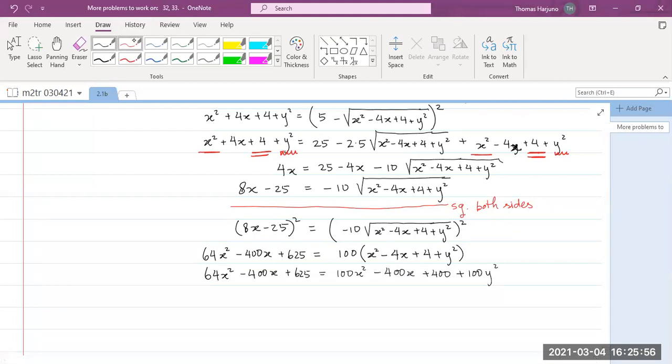You can see that negative 400x cancels, right? Then I will subtract by 400 both sides. And then I will subtract 64x squared both sides.